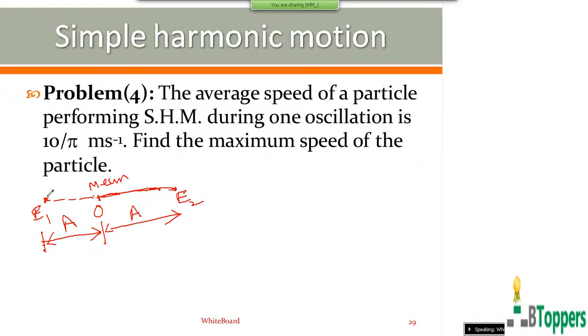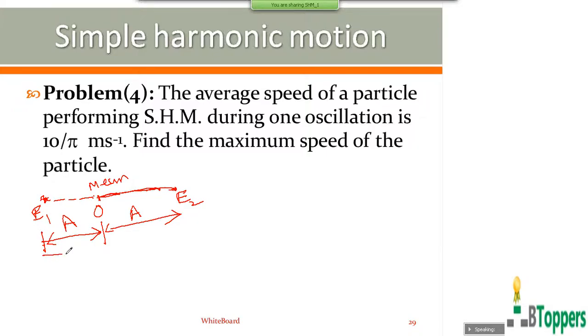When it moves from the other extreme position back to the first extreme position, it travels a distance again equal to 2a. So when the particle moves from one extreme position to the other extreme position, and then travels back to the same extreme position, you can say it has completed one oscillation.